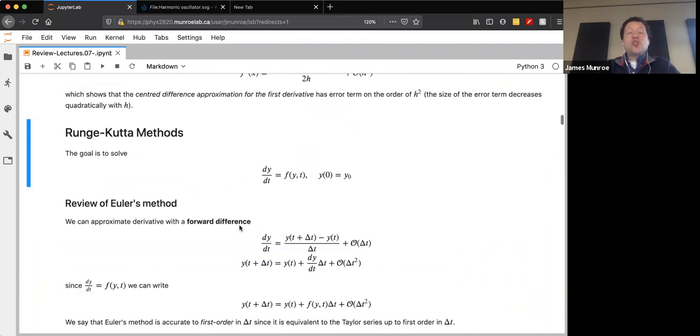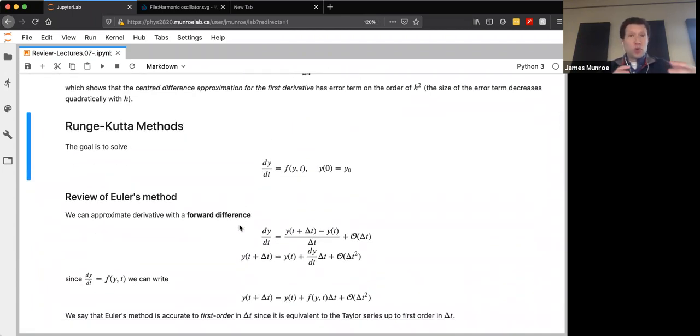When we get to solving not just derivatives or integrals, we can apply this logic of approximating derivatives to solving differential equations. And this is where we got into what are called the Runge-Kutta methods. Euler's method, Euler-Richardson, are examples of a more general class of solvers called Runge-Kutta numerical methods.